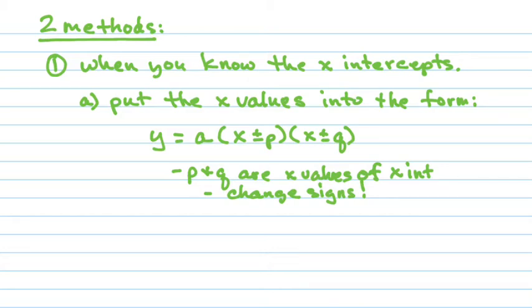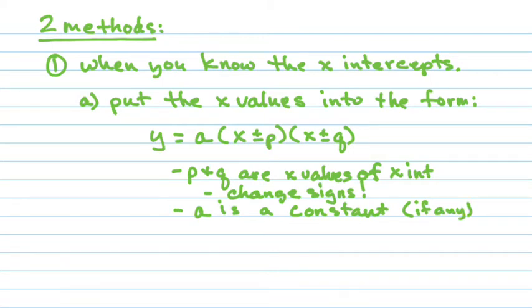Okay? Now, you also see there's another variable in there, the a. Not worried about the y, that's just the y from the equation, right? But the other thing is the a. A is simply a constant, and we'll talk about how to find it.